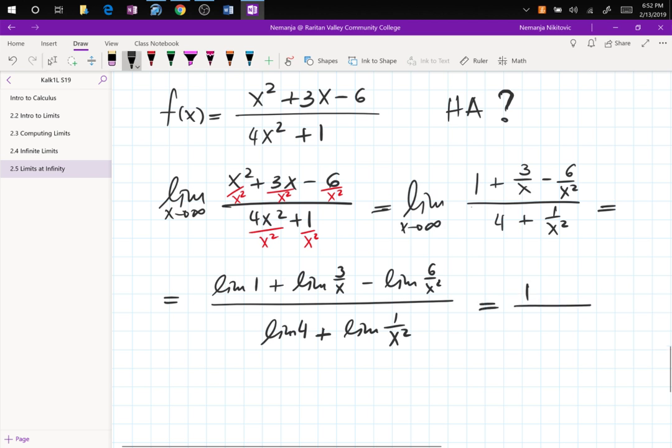These are obvious, right? 1 and 4 are obvious. Now the rest: what's the limit of 3 over x as x goes to infinity? All of these limits are as x goes to infinity, everywhere. Zero. Yes. Good.